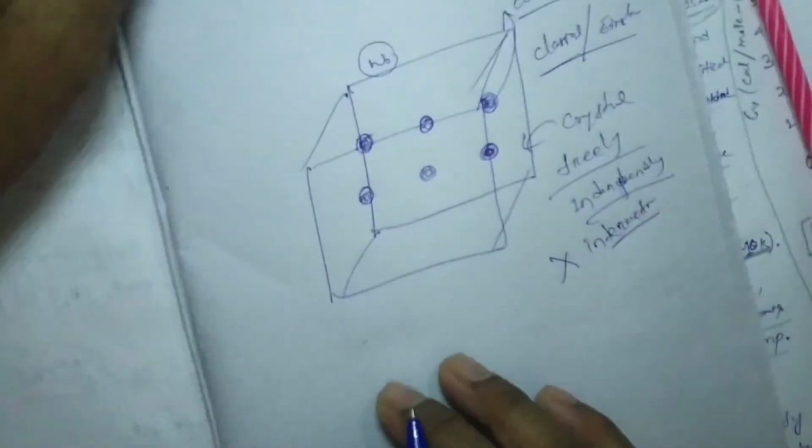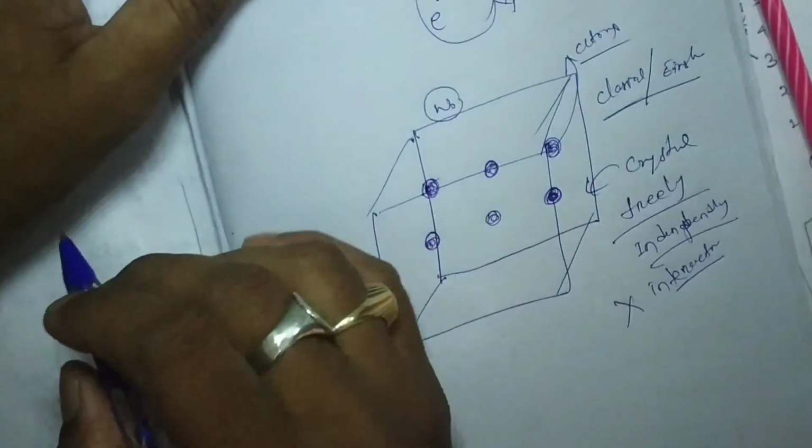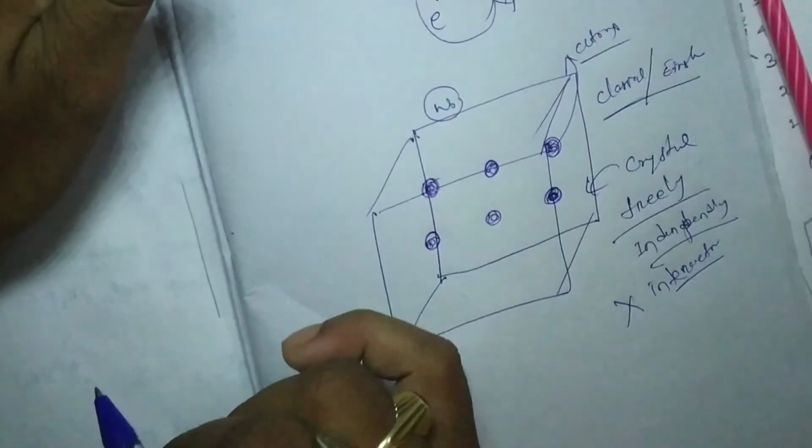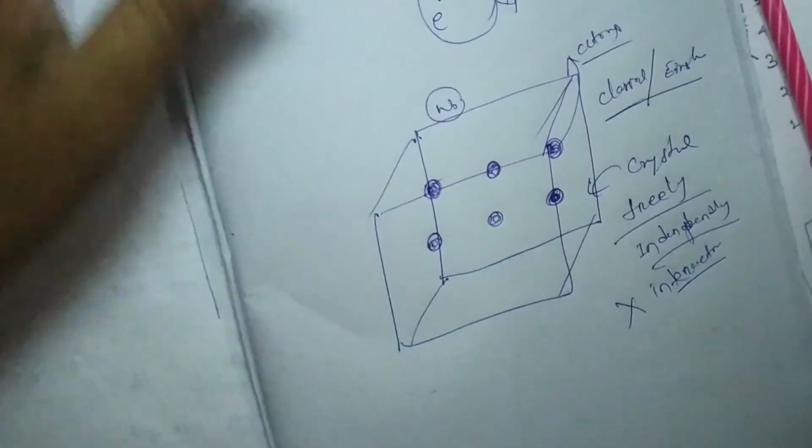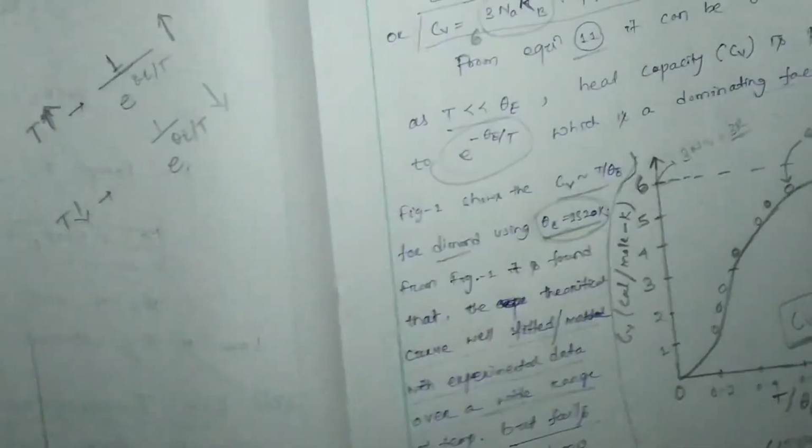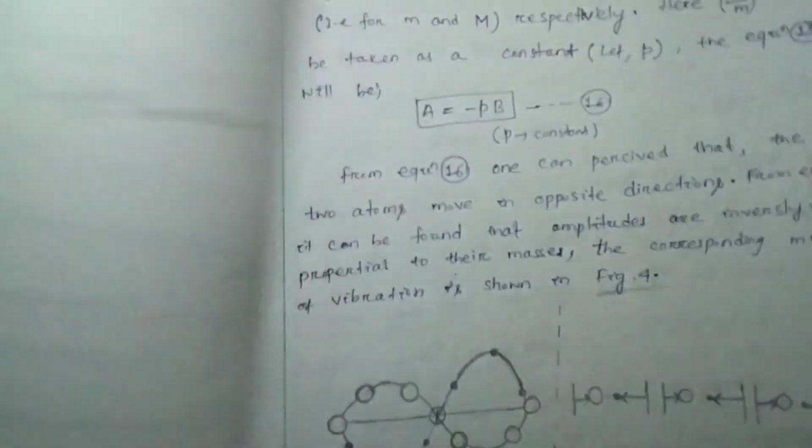But actually, you can just recall your one-dimensional harmonic oscillator, the monoatomic lattice. Here I am going to show you the picture.